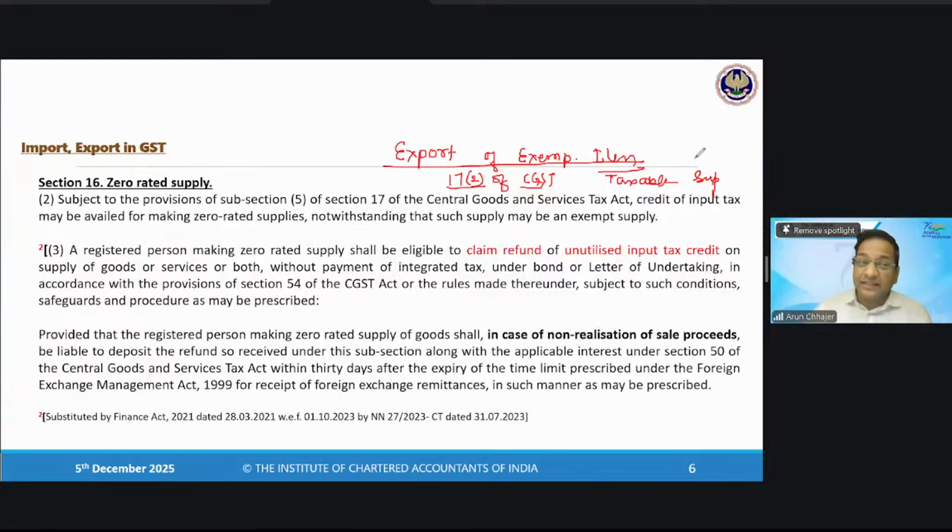It means the zero rated supply is always a taxable supply, whether the underlying item is taxable or exempted. Point number one. Second, section 16 subsection 2 clarifies that you can claim the ITC even though the outward supply of the zero rated supply is exempted. Even though your outward supply is exempted, correct?